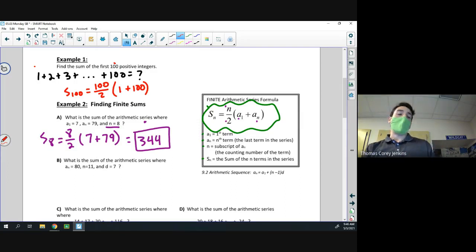That would be a lot easier to type in than 1 plus 2 plus 3 plus 4 plus 5 on and on and on. That's going to be 50 times 101, which gives me 5,050. So that's what the shortcut does for us. It lets us do that summation in a practical way.